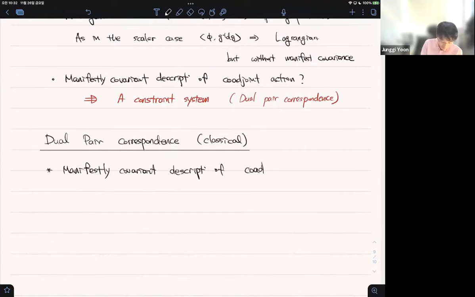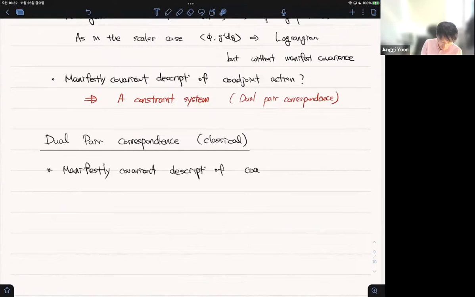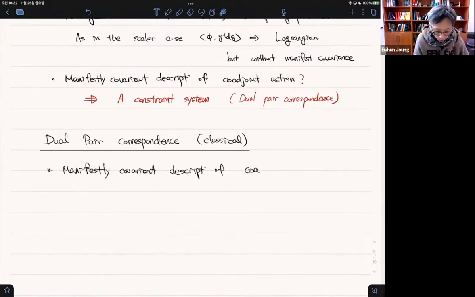It's all about parameterizations of the orbit. So the manifestly covariant description of the action is nothing but the manifestly covariant parameterization of the coadjoint orbit.